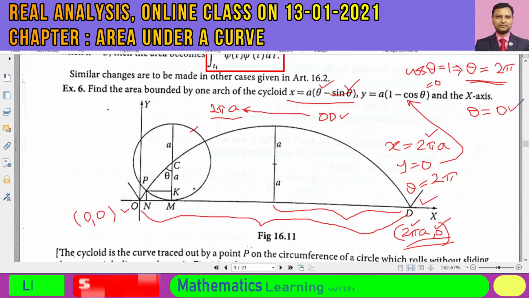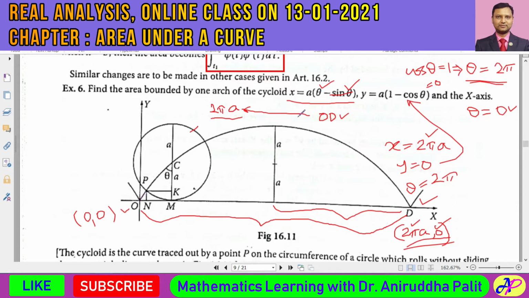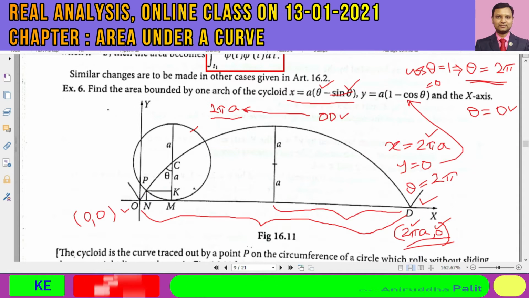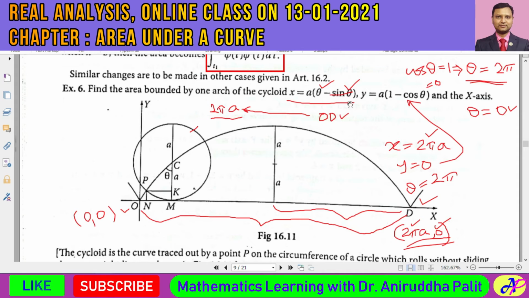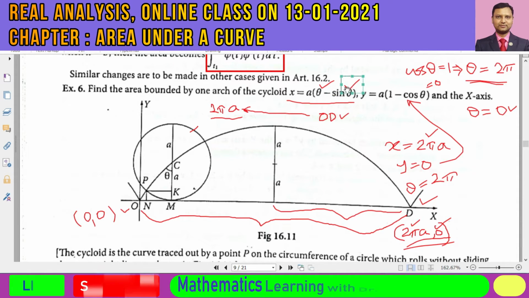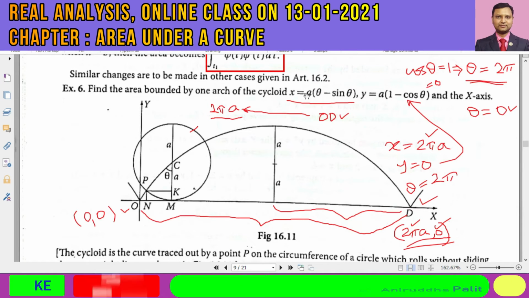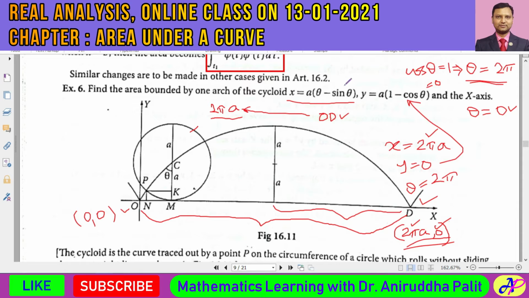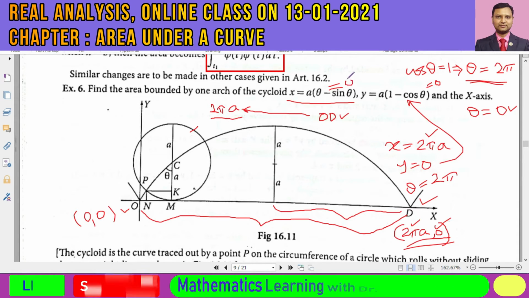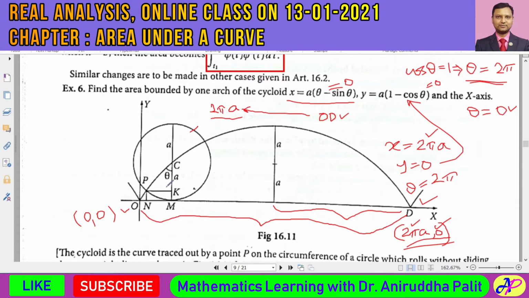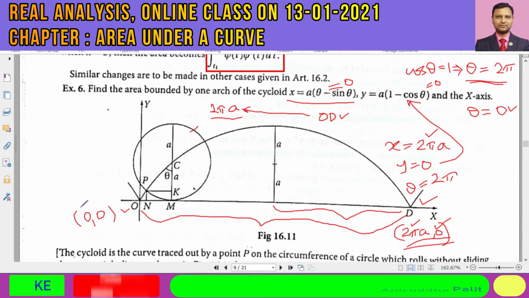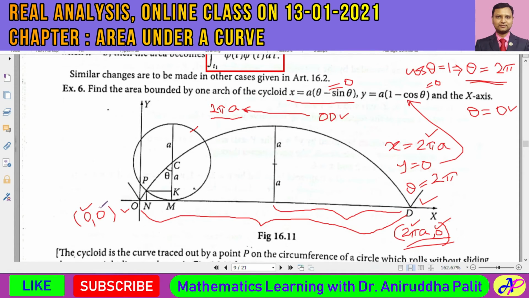However, if we put theta is equal to 0 in this expression of x, you will get x is also equal to 0, so that we will get the x coordinate equal to 0 and y coordinate equal to 0.